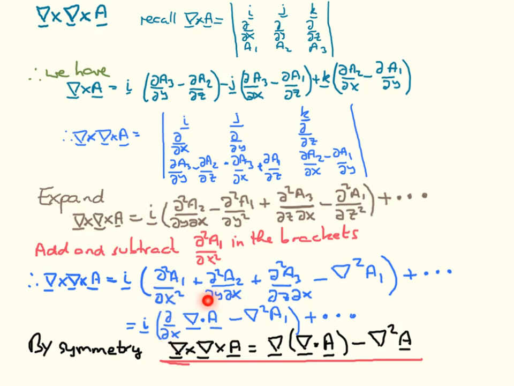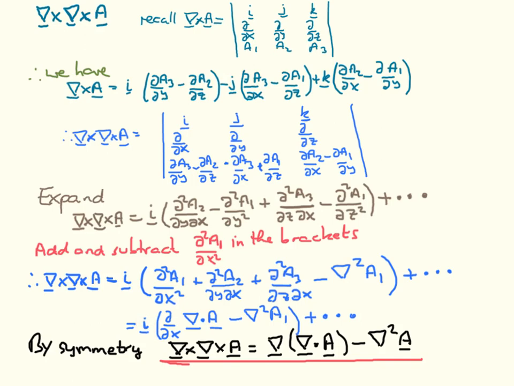Here we can reverse the ordering, pull out the derivative with respect to x, and again here reverse the ordering, pull out a derivative with respect to x, and then we'd have the derivative with respect to x of ∂A1/∂x plus ∂A2/∂y plus ∂A3/∂z. But that is the divergence of A. So let's pause and see what we have here for the i component of the curl of A.